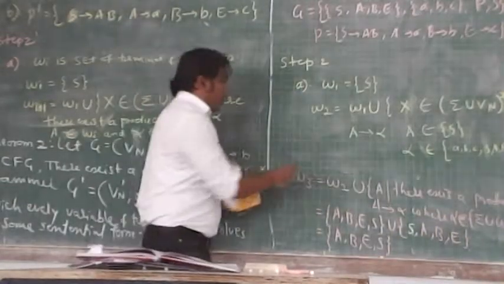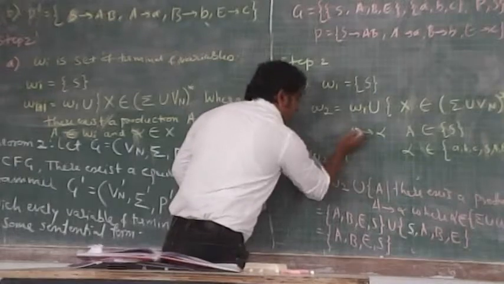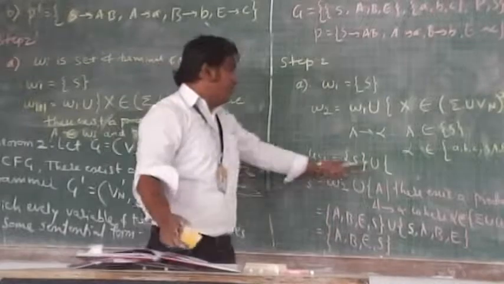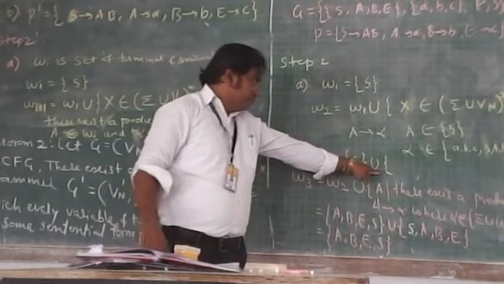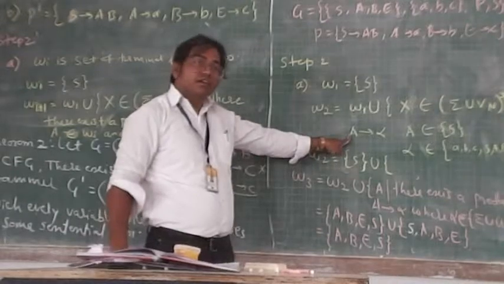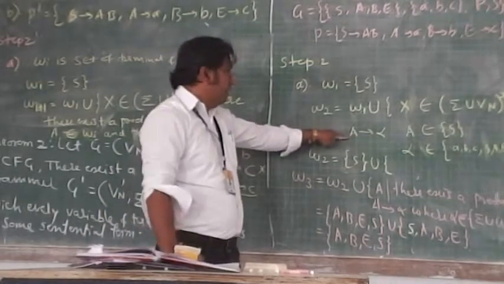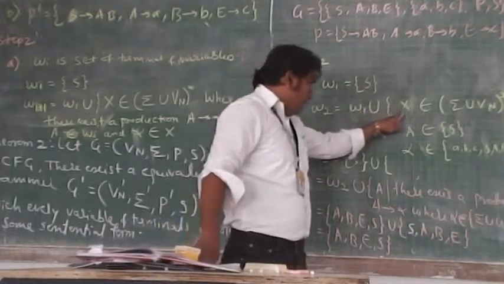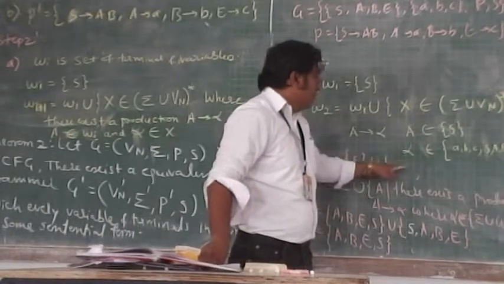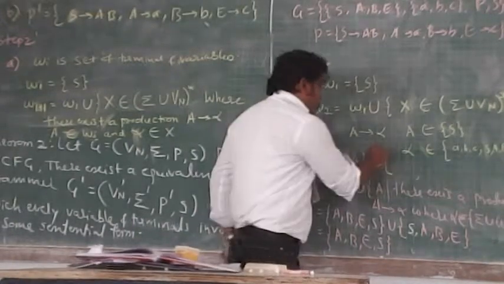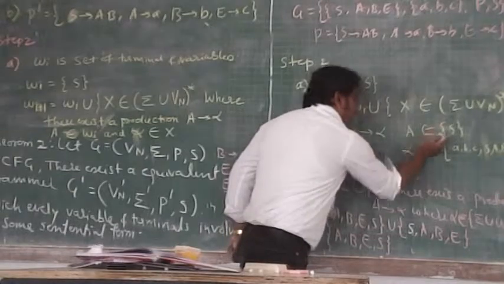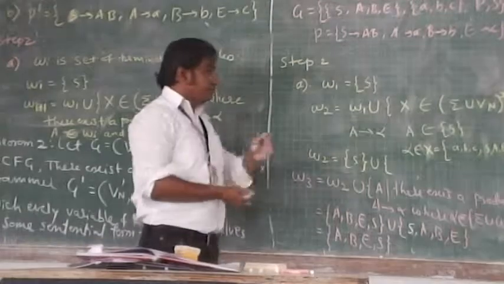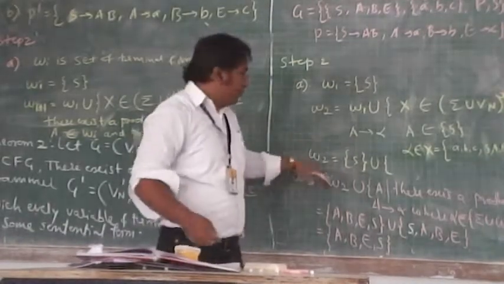Now see, I am calculating my W2. W1 is S, union what? Terminals and non-terminals I should consider. Such X I have to consider. X basically, alpha belongs to X, and X is this one. So what exactly do you need to do?